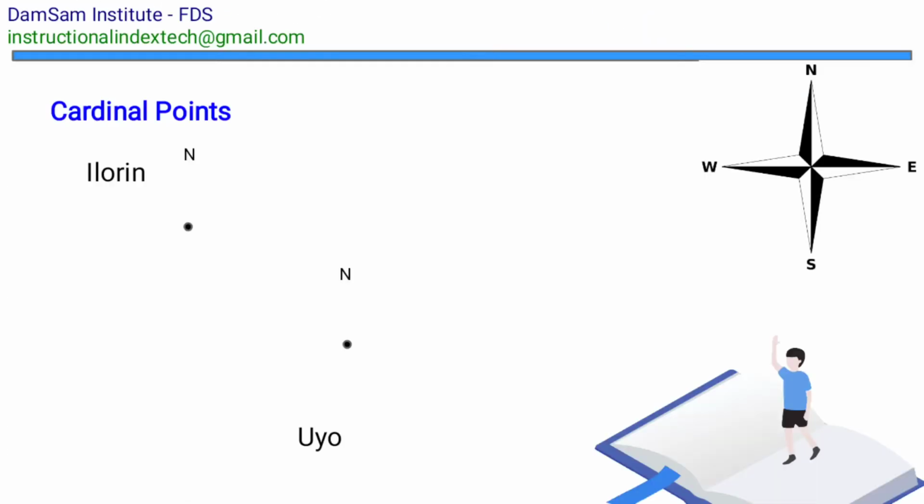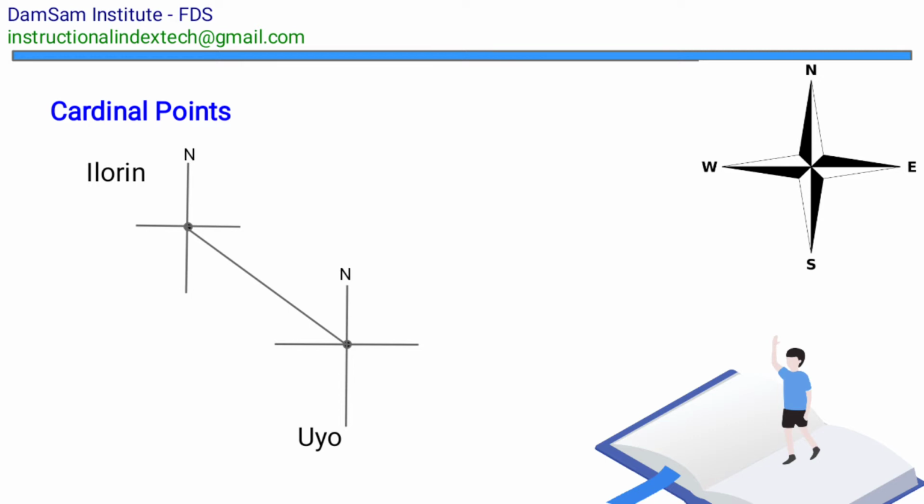So that is that. And let's consider we have a point at Ilorin and we have another one at Uyo. Taking a look at this very carefully, you would see the angle that it will form at Ilorin, considering that we want to know the bearing of Uyo from Ilorin, please let's take note of that.